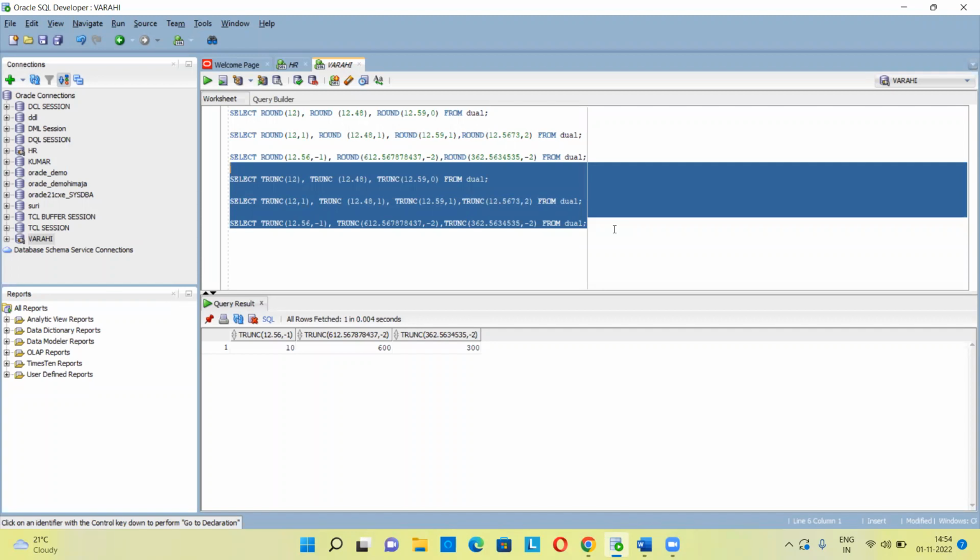If it is not more than or equal to 5, it will just return as it is up to that value. In case of trunc, it will cut the value based on the second parameter, but it is not going to consider whether the value after the second parameter is more than or equal to 5 or not. That's it.